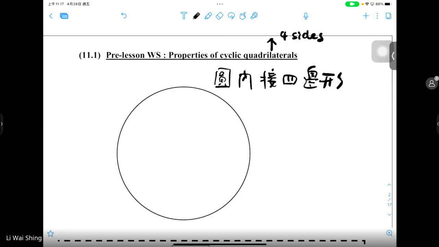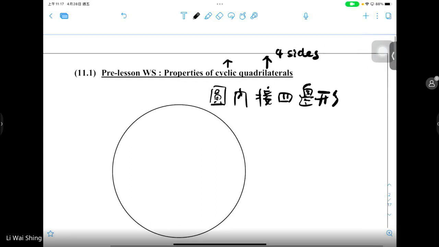And because it is cyclic, so all the points lie on the circle. Then we call it a cyclic quadrilateral, 圓內接四邊形。A quadrilateral that lies on the circle.